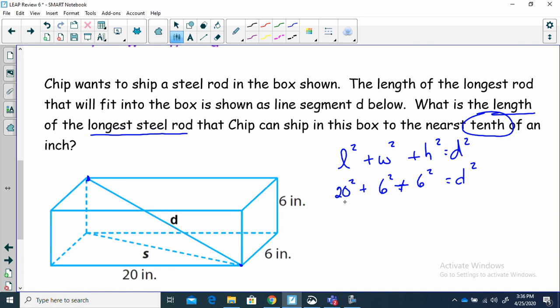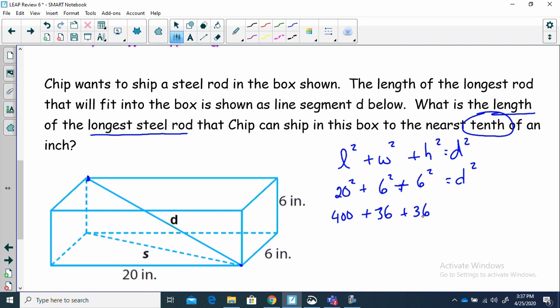20 squared. In your calculator, put in 20 squared, and that would give you 400. Okay? So let's substitute 400 in place of 20 squared. 6 squared is 36. Let's substitute 36 in place of 6 squared. 6 squared again is 36.